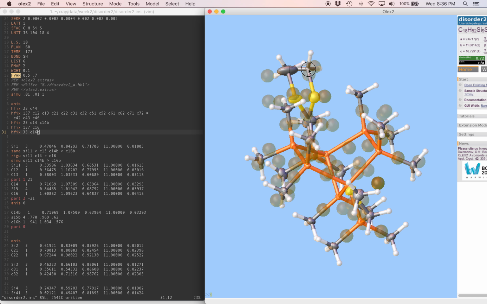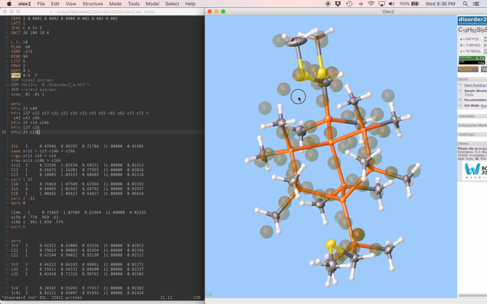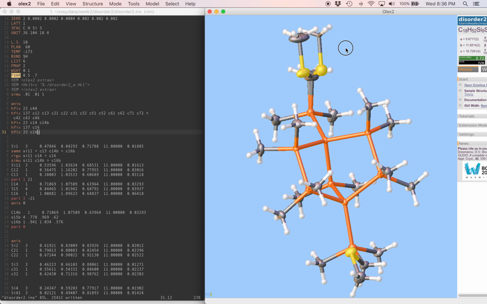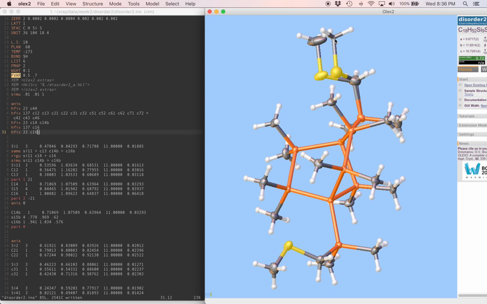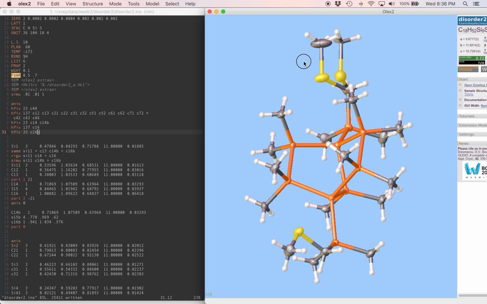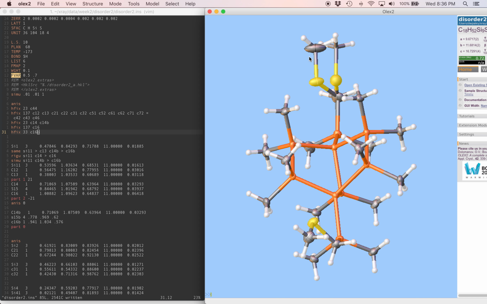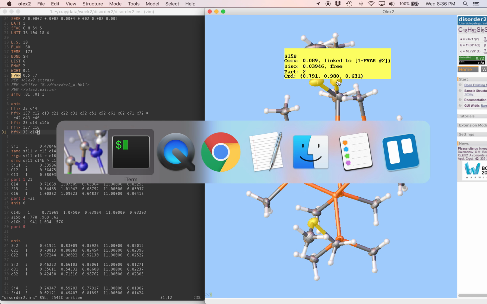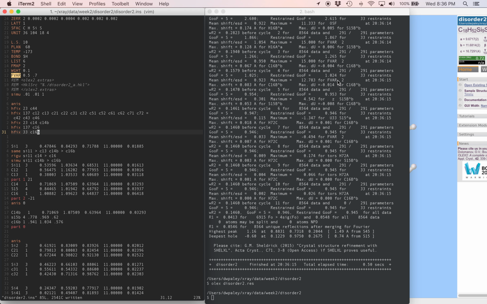Okay, the hydrogens went where they belong, but we still have this issue with C16B looking way too small as far as its displacement parameter. So, we would like it if we could refine anisotropic ADPs or independent isotropic ADPs. Sometimes the data is just not there.